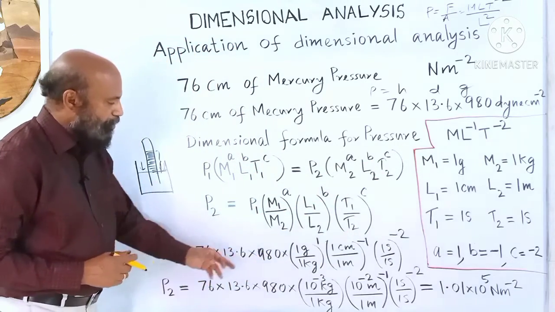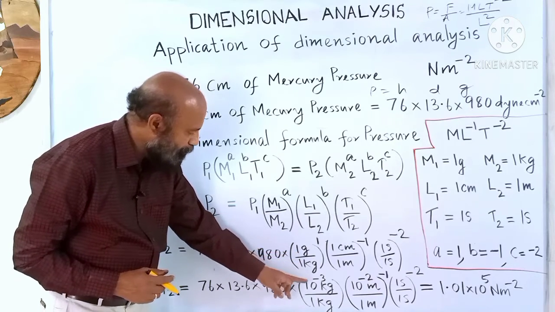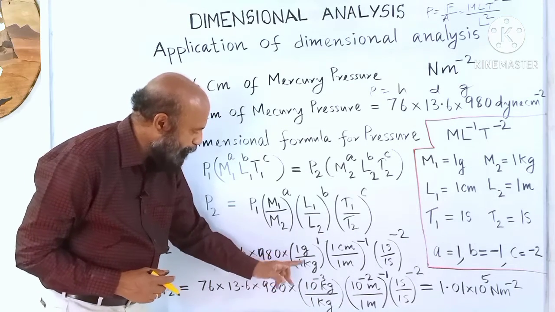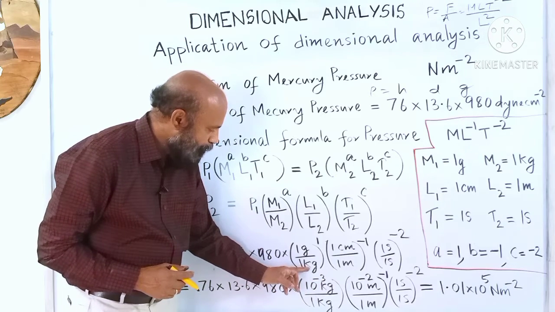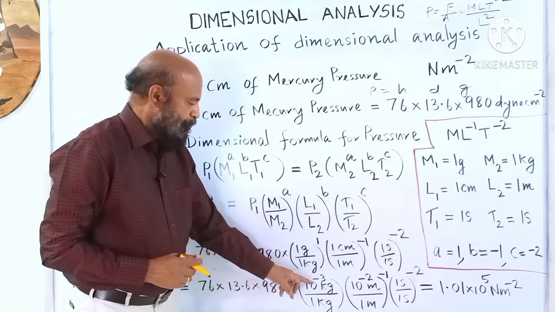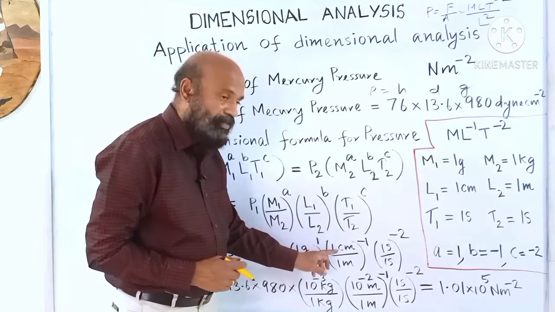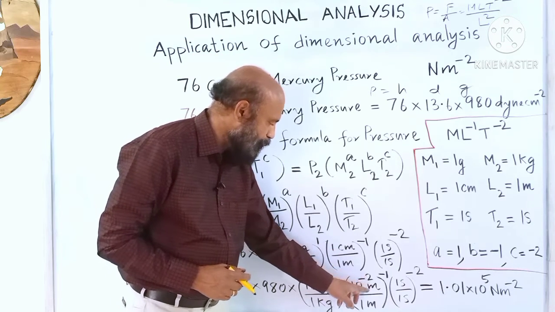So here, you convert gram into kilogram. 1 gram can be written as 10 raised to minus 3 kilogram. See, denominator kilogram, numerator kilogram. Similarly here, centimeter, write it in meter, 10 raised to minus 2.